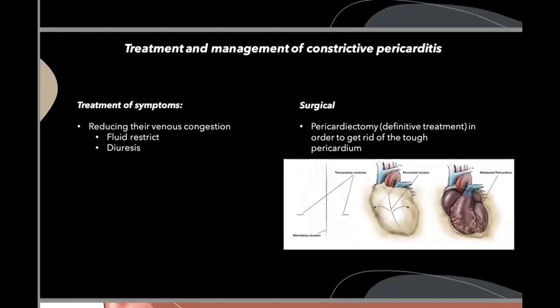So when it comes to treatment for constrictive pericarditis, we will try to reduce their venous congestion as much as we can. As we mentioned before, the heart is constricting, so we don't have proper filling going on.